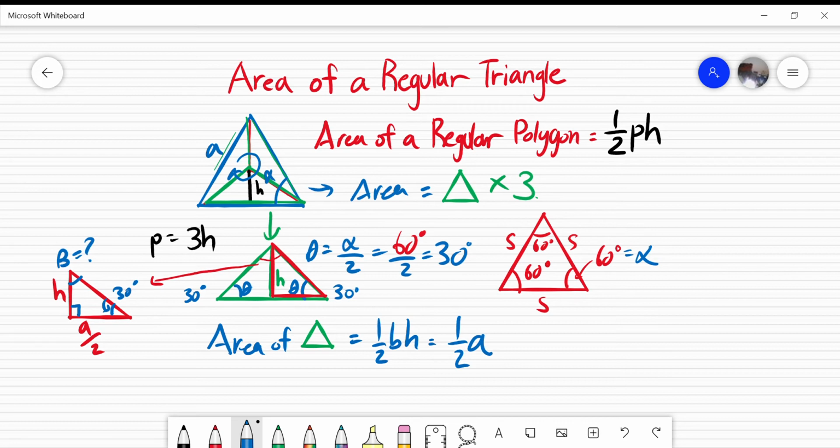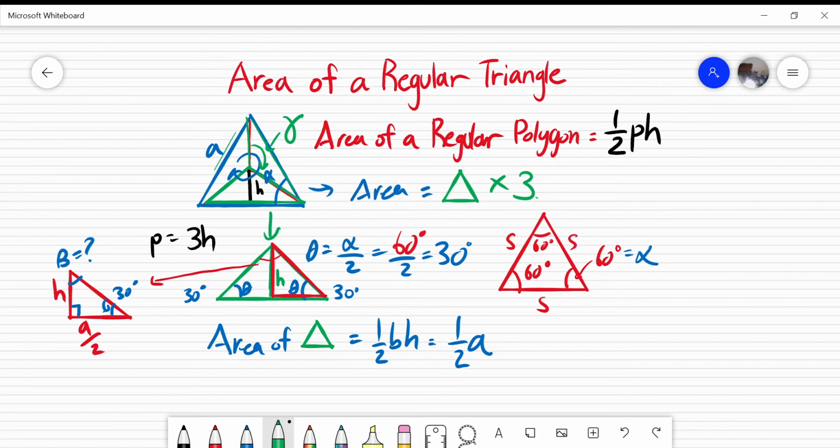So therefore, if we name each of these angles, let's do a different color. If we name this angle, what should we name it? Let's name it gamma. How about that?